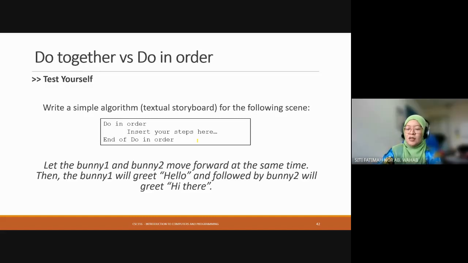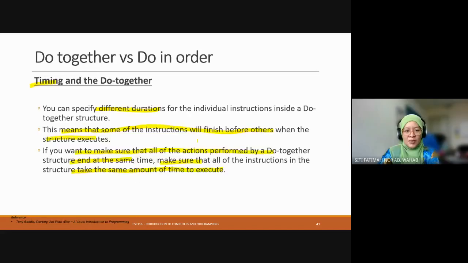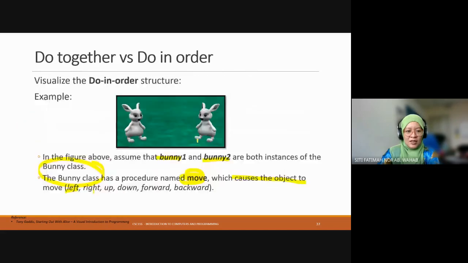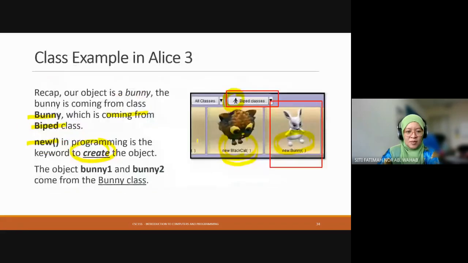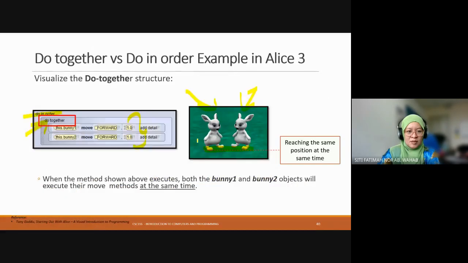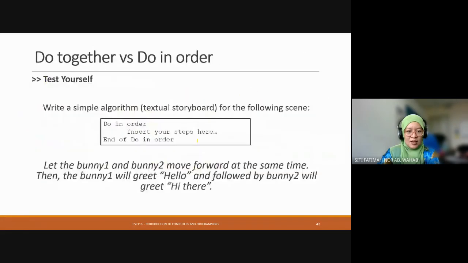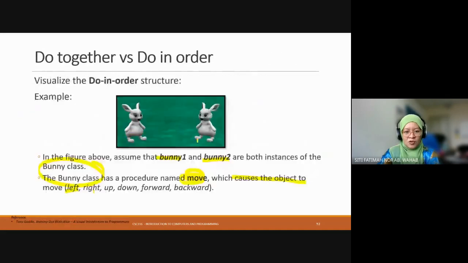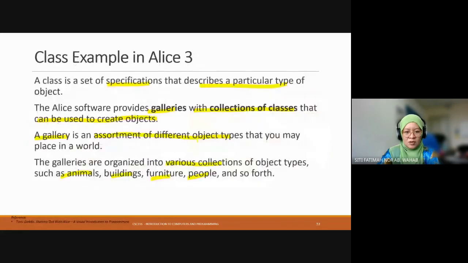Okay. Good. Yang lain ada yang beza tak? Cuma kena check balik end of do together tu. Tadi saya setting do together kan, end of do tu. Saya ada lagi contoh tadi, mana contoh dia?